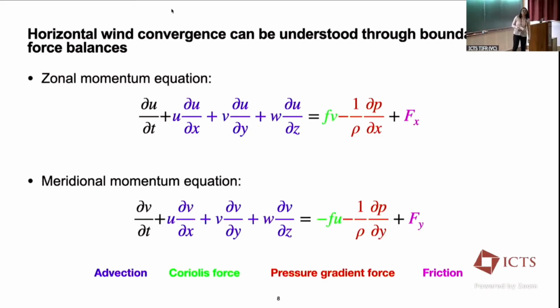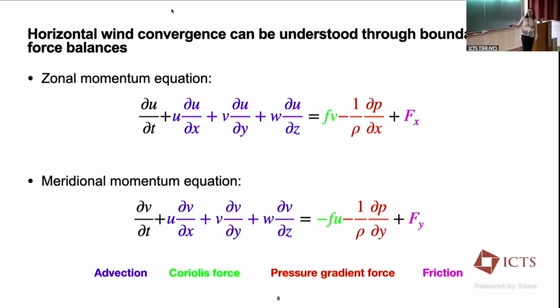Okay, so this is the most colorful slide I have, I promise. Because I mentioned I want to talk about what drives the low-level convergence, the starting point obviously would be to look at the horizontal winds. So I have the zonal momentum equation and the meridional momentum equation. The horizontal wind convergence throughout the boundary layer can be understood through these equations.